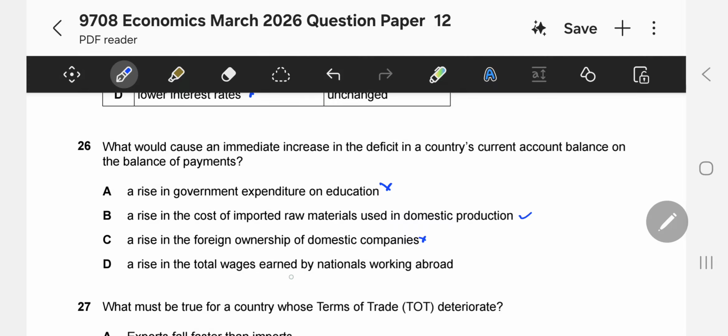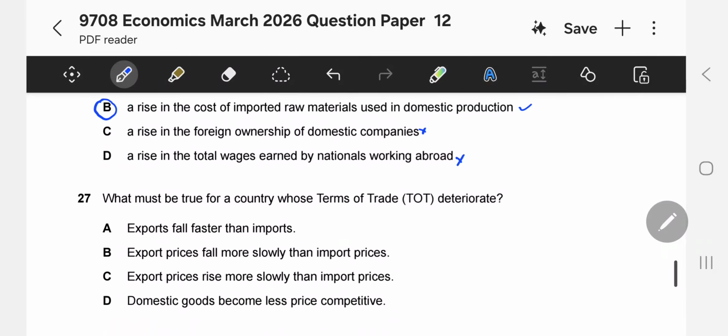A rise in total wages earned by nationals working abroad. If they're working abroad, they probably don't affect the current account unless they're sending that money home. So that one is not true. So maybe this one, that will be true. Let's go to 27.